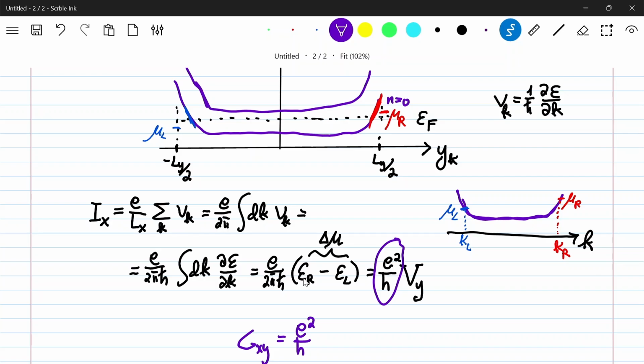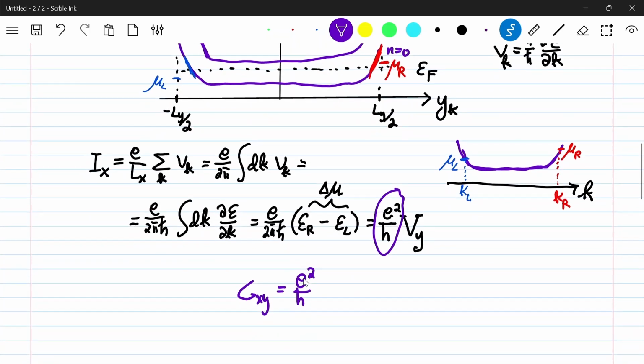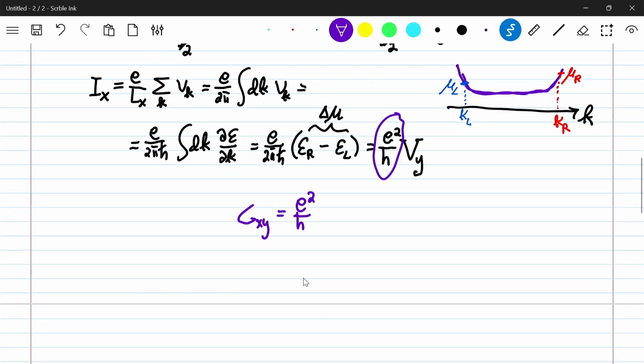Pictorially, if we simplify what this picture suggests, and I plot the sample again, I find that all the electronic states in the interior, in the bulk of the system, are not contributing to current, because it's a flat band with zero group velocity. No current flows there.